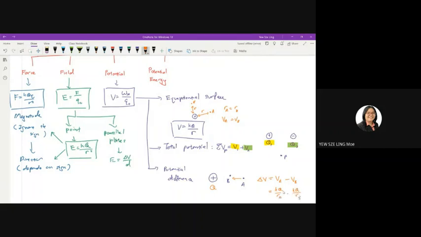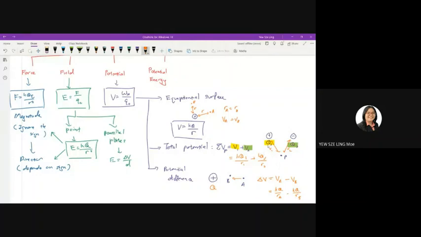They are using the same Q. Whereas with the total potential just now, you have different point charges: KQ1 over R1, where this is your R1, and then another one, KQ2 over R2. That is the difference between total potential and potential difference.